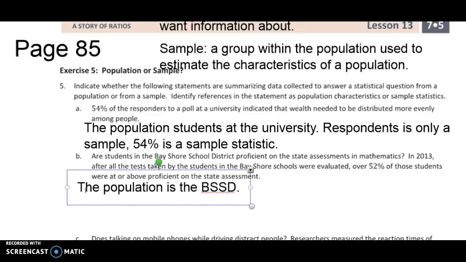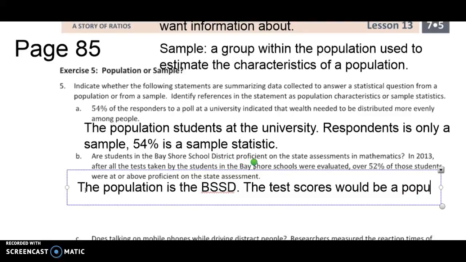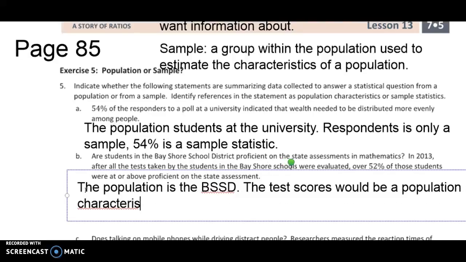It doesn't say what grade, it says all the students. So did they track all the students? Not that they asked all the students, because they were talking about actual scores here, right? Did they get information about the entire population? Yes. The test scores would be a population characteristic.